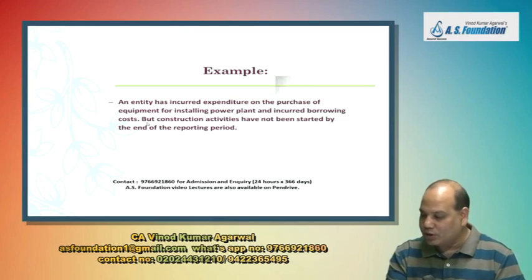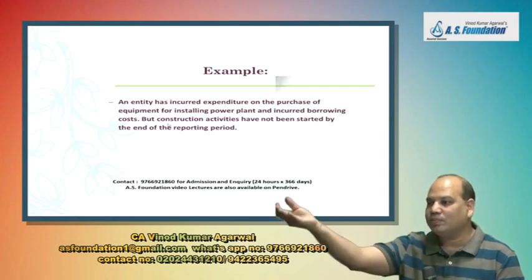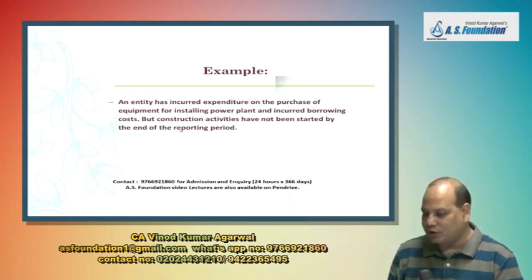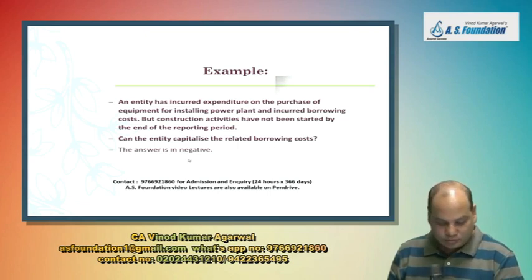That means those activities which are required to convert the qualifying asset into the finished goods or the asset which you intend to use have not yet started. So three conditions are there. Two are satisfied, one is not. Can the entity capitalize the related borrowing cost? The answer is no.